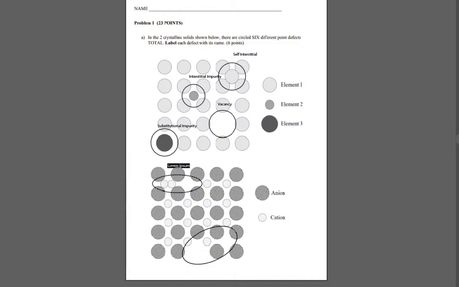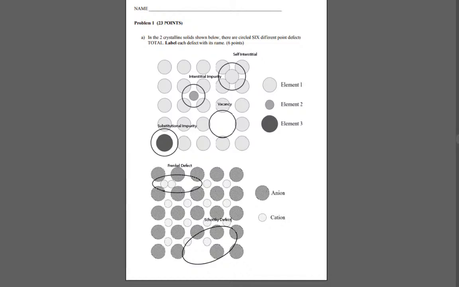Oh, there it is: Frenkel and Schottky defects. Schottky is removing, but moving is called a Frenkel defect. So this one here is the Schottky defect. See, simple.